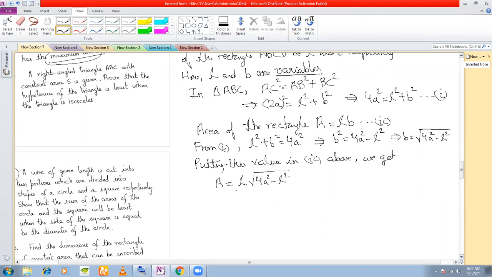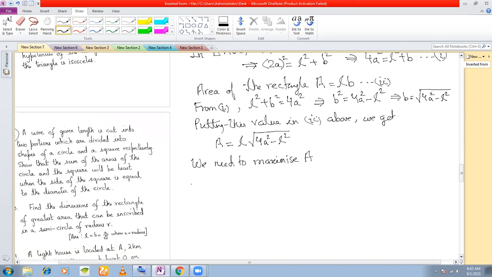Now is it down to a single variable? Yes. If you see, A is only in terms of a single variable L. Now we are in a position to maximize or minimize A. So we need to maximize A. First find out the first derivative, dA/dL.